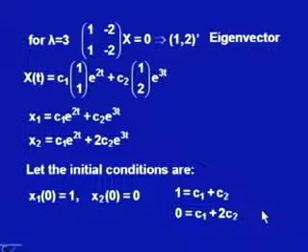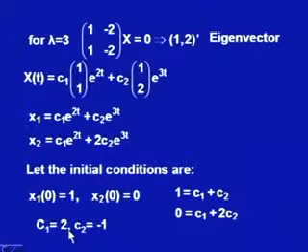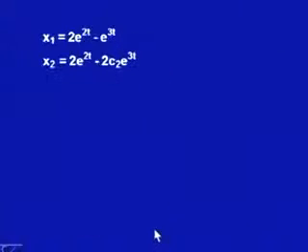These two equations can be solved easily, and the solution will be C1 equal to 2 and C2 equal to minus 1. When we substitute this here, we get the solution x1 as 2e^(2t) minus e^(3t) and x2 as 2e^(2t) minus 2e^(3t).